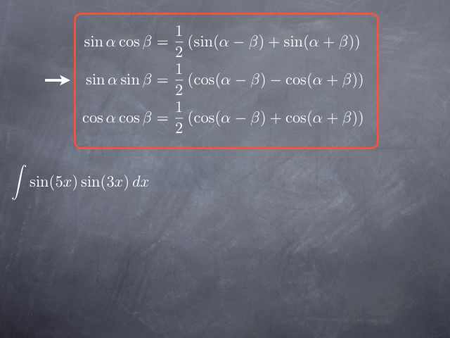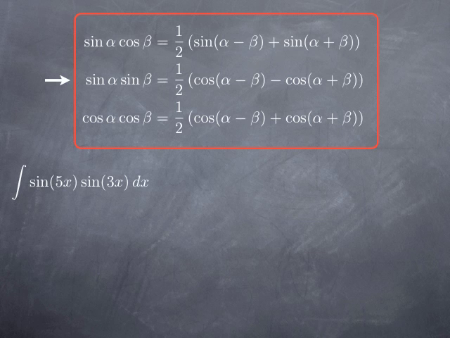Here you might say, okay, what is alpha, what is beta? Because we have two sines, so we could pick one or the other. And it changes something. If I take alpha is 5x and beta is 3x, then alpha minus beta is 2x. But if I pick it the other way around, alpha is 3x and beta is 5x, then when I take alpha minus beta, I get negative 2x.